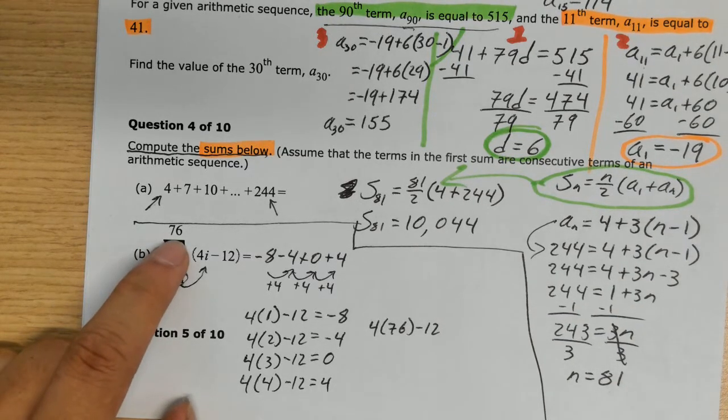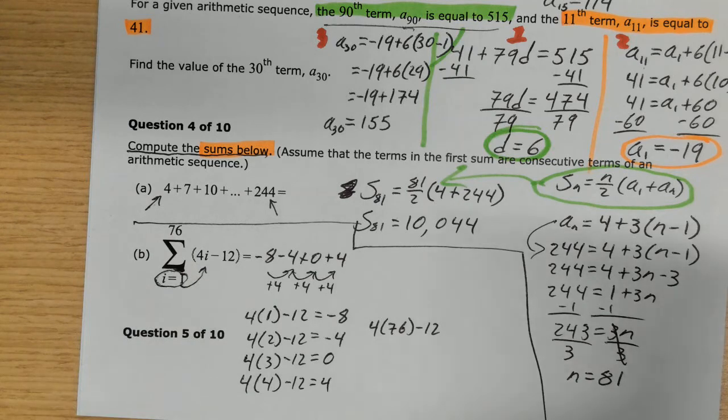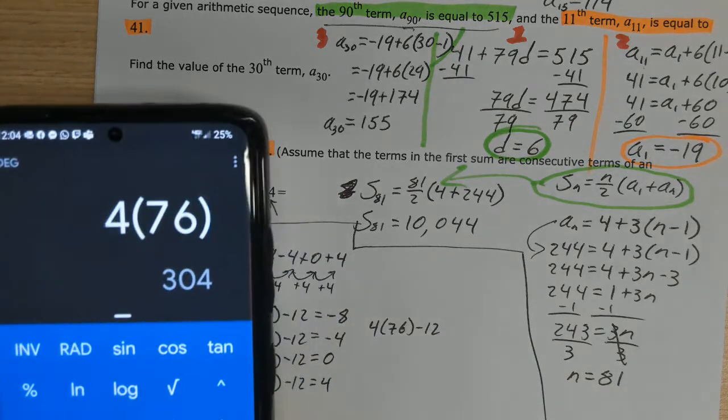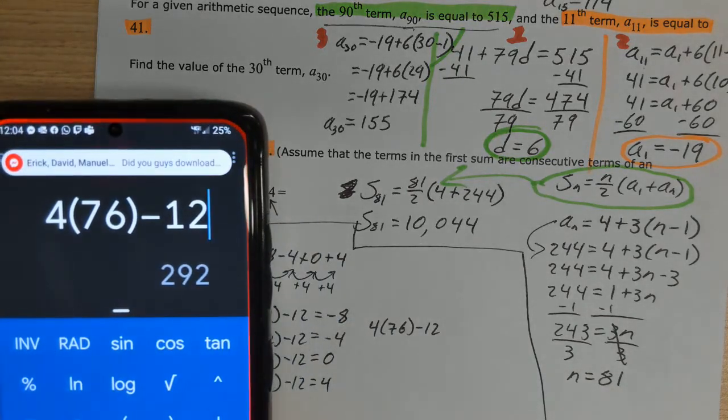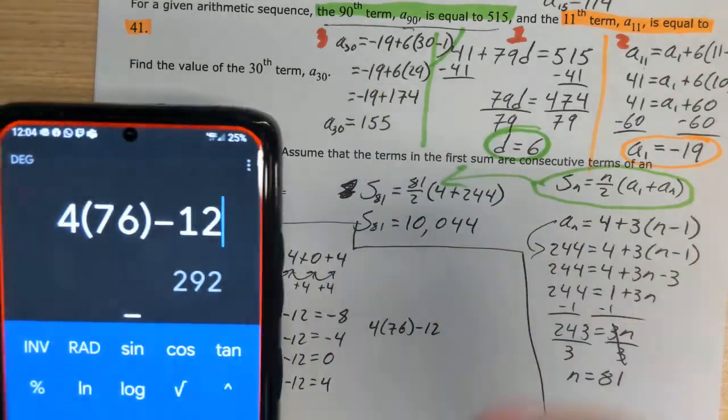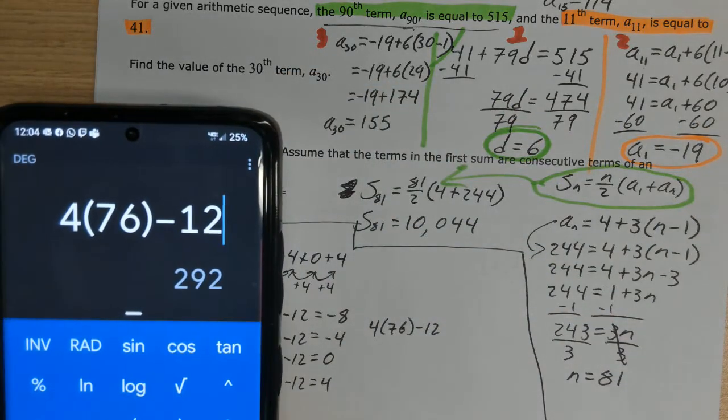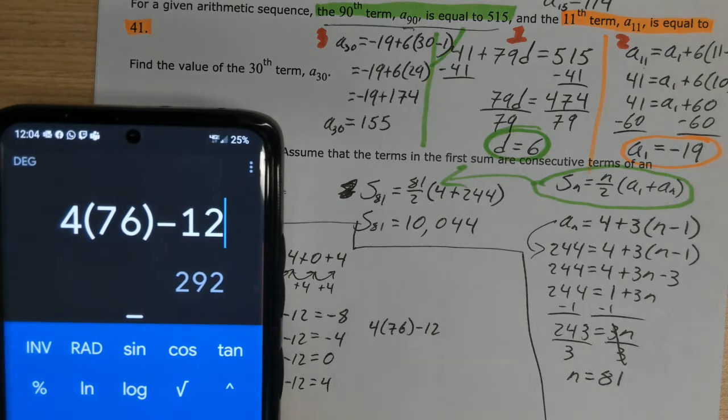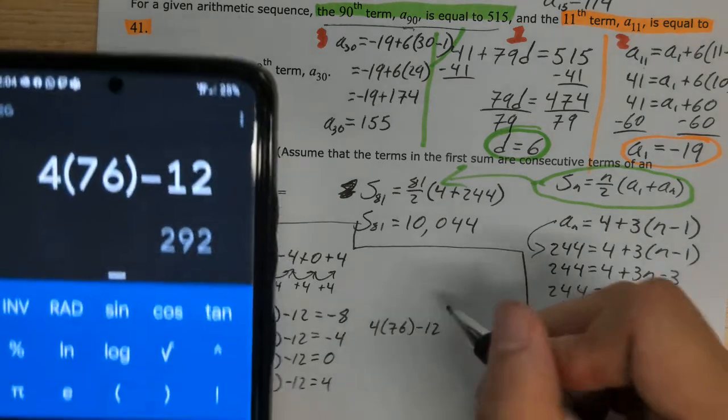Whatever is up here is telling you that you're adding up to the 76th term. So 4 times 76, minus 12, gives 292. So 292 is the last term.